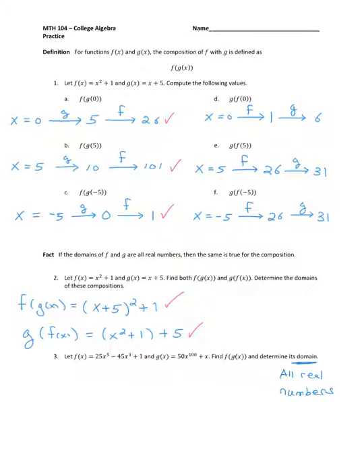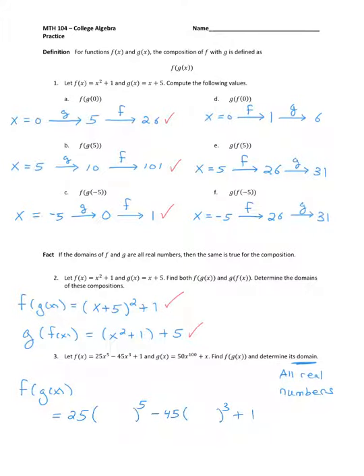And the actual formula, f composed with g of x. Okay, that means I go to f, I'll set up some parentheses wherever I see x's, and then replace it with this equation here. So that is 25 something to the 5th power minus 45 something to the 3rd power plus 1.